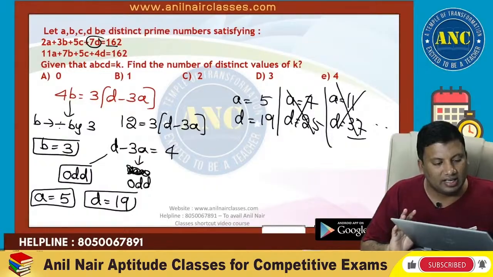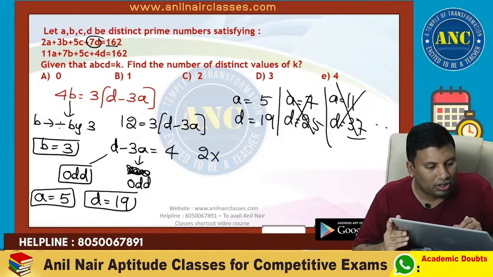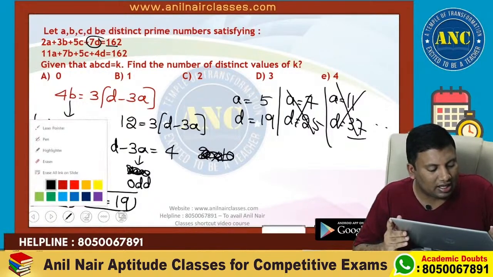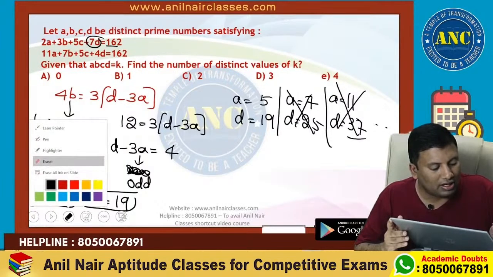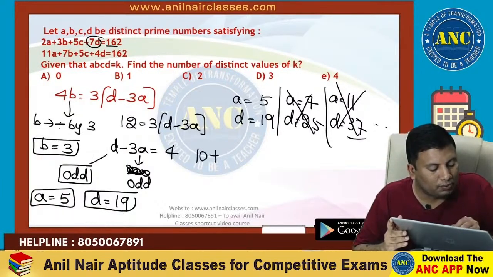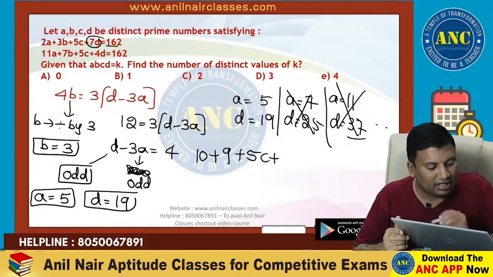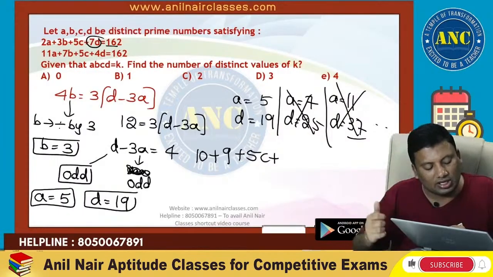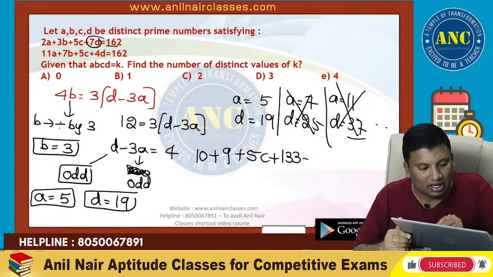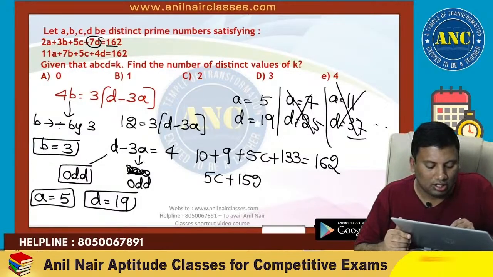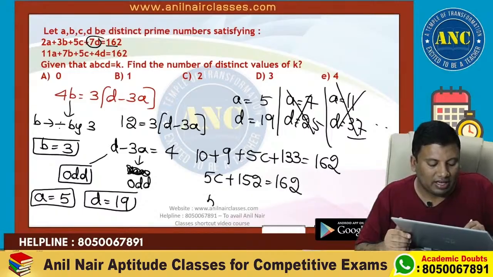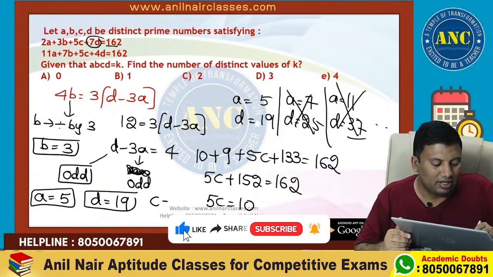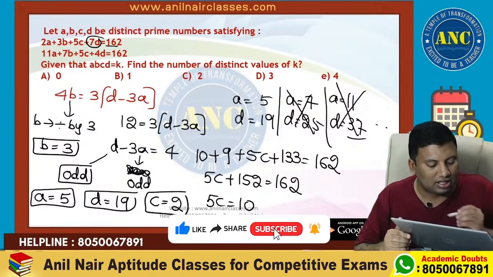Now we will easily get C if I substitute. 2 into A, 2 into 5, is nothing but 10. 2 5s are 10. 3 into B, 3 3s are 9. 5 into C, we require C. 7 into D, 7 into 19, which is 133, equivalent to 162. 5C plus 152, equivalent to 162. 5C equivalent to 10. C value is nothing but 2.